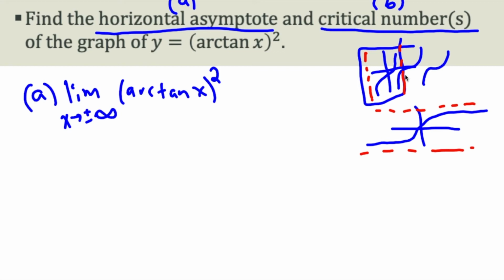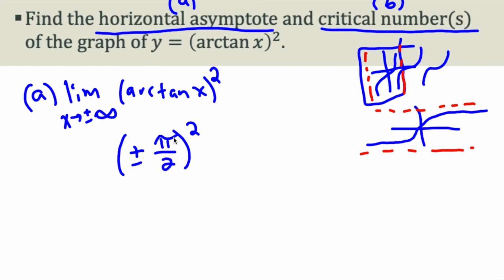What were the values for tangent that gave us undefined? And that is at positive and negative pi over 2. We talked about that in the 561 notes, so hopefully you remember that also. So arctan, as we plug in infinitely big or infinitely small numbers, we will get either a positive or a negative pi over 2.